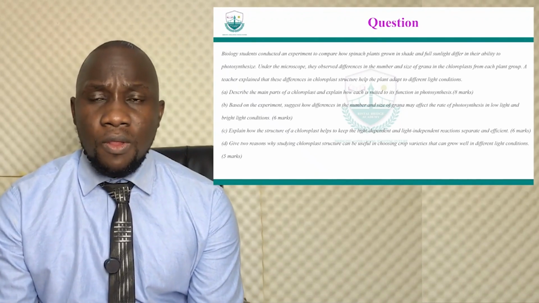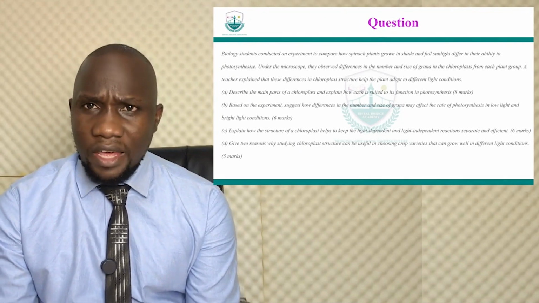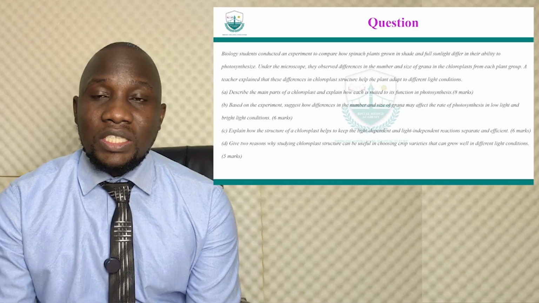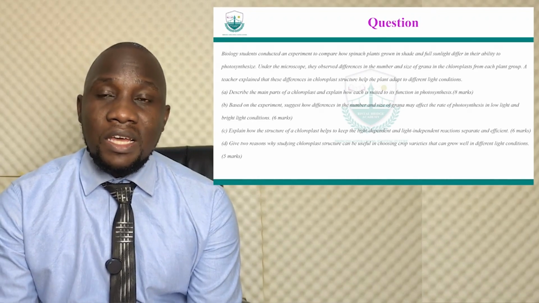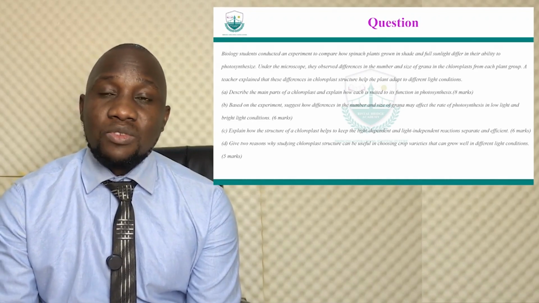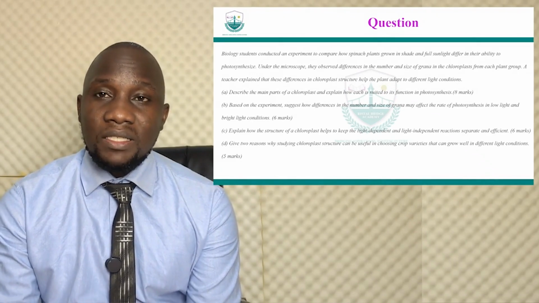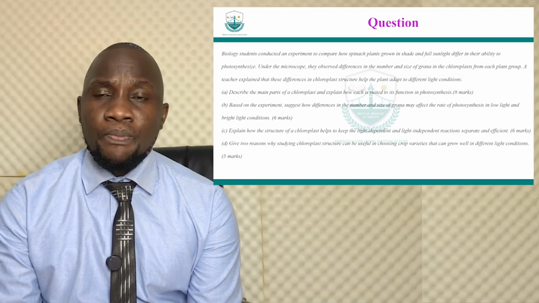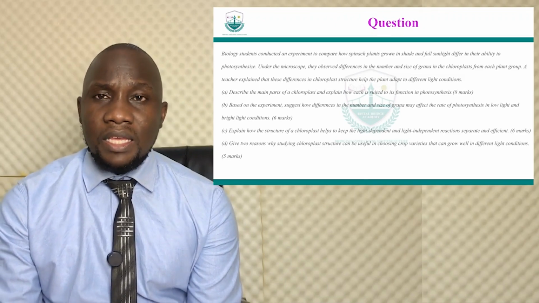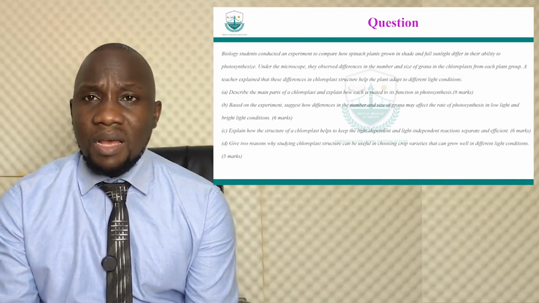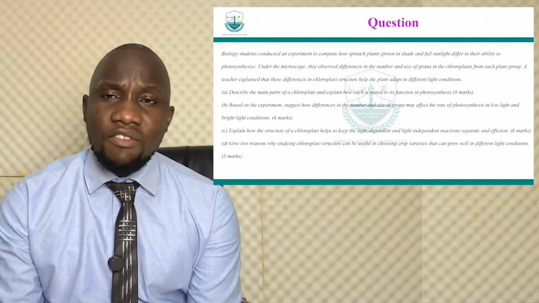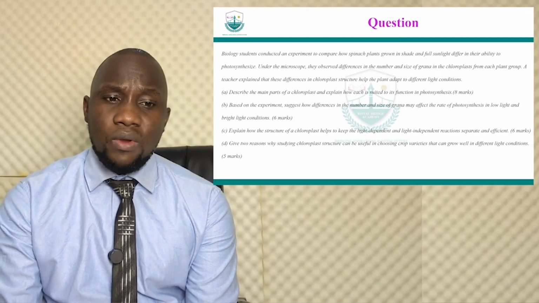Okay, so they're looking at whether there will be difference in terms of the structure of the chloroplasts. That is, in terms of the distribution of these chloroplasts, whether they are numerous, whether they are few, whether they have some special structures, or the arrangement of the structures. Is it different or is it the same? That's what they are looking at.